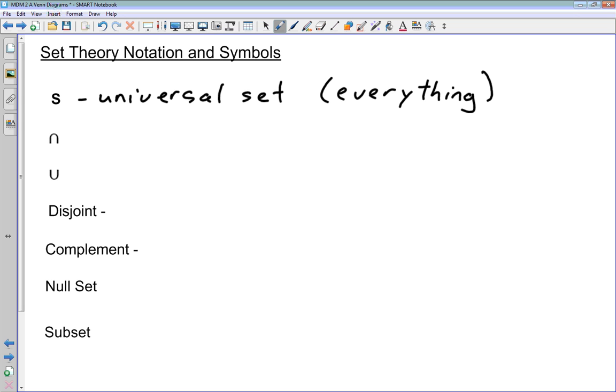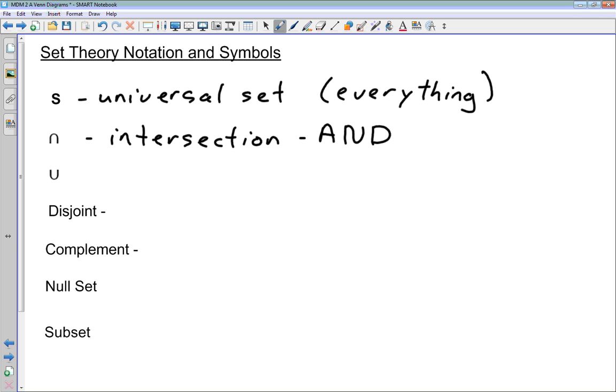And then we have this little symbol here that looks like an N. This is an operator that we use when we're comparing two sets. This means intersection. And if you've done computers and Boolean logic, this is often written as AND.